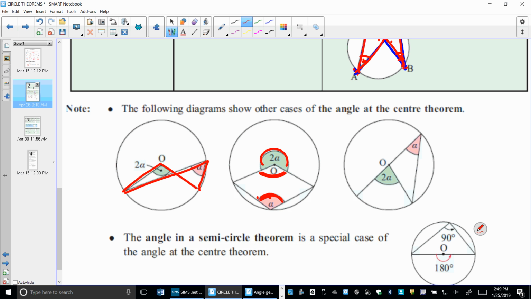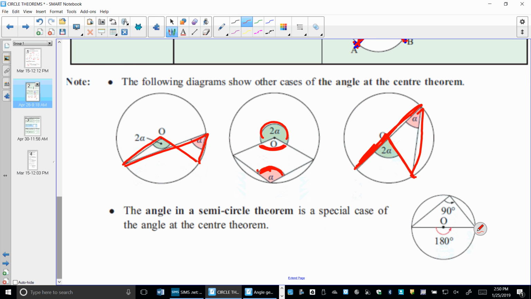Do you understand what I mean by hanging the same way? It's really not mathematical terminology. I think it hopefully makes sense. This one goes through the center, but still, from here it goes to the center, goes to the outside edge. So this one is twice this one.